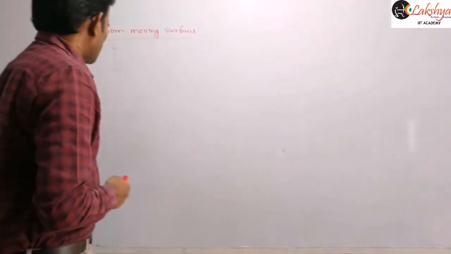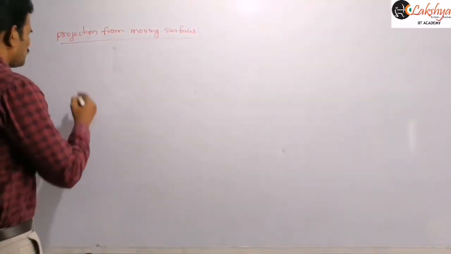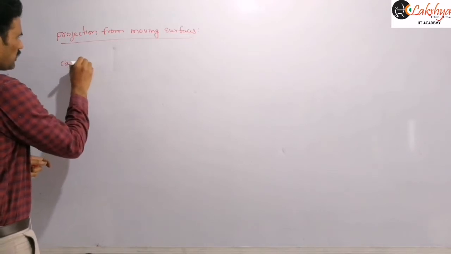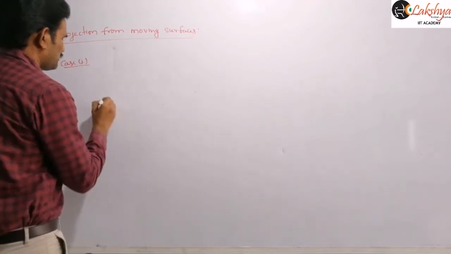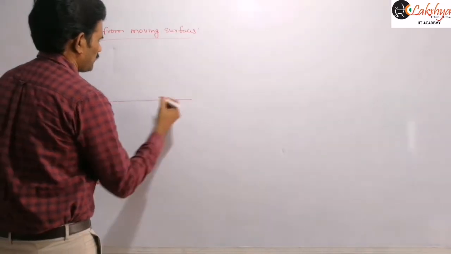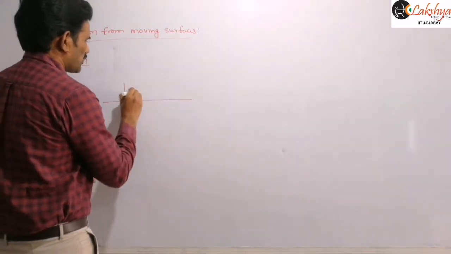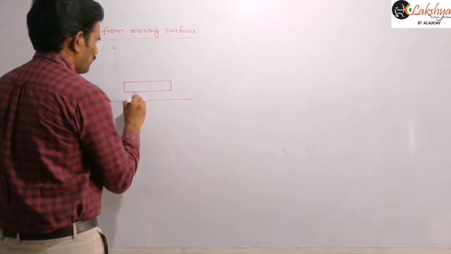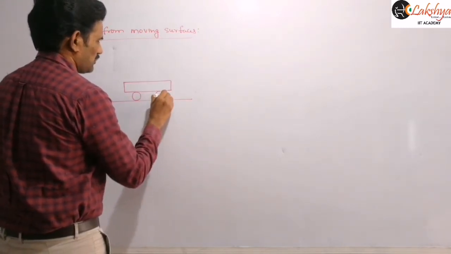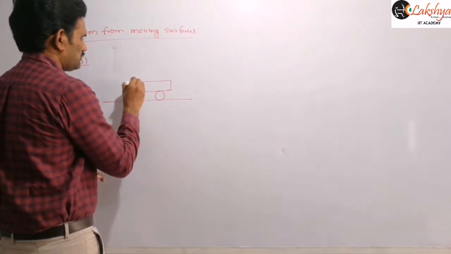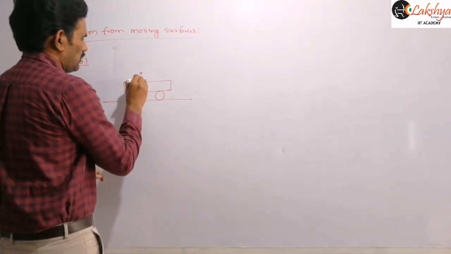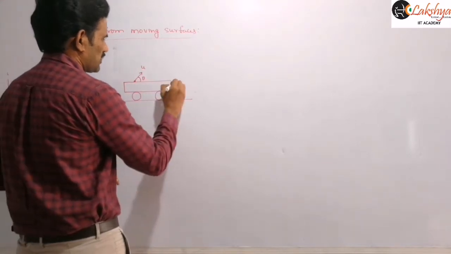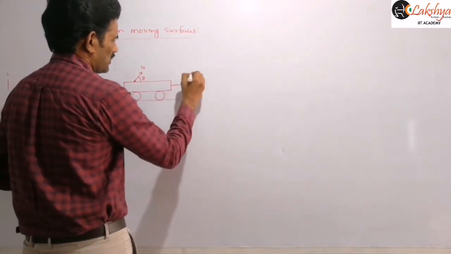Now let us take a common general case here. Case 1 I am taking here. Suppose consider this truck is traveling horizontally. Now an object is projected from this truck with some angle theta, and u be the initial velocity with respect to the truck, and this truck is having this velocity v.